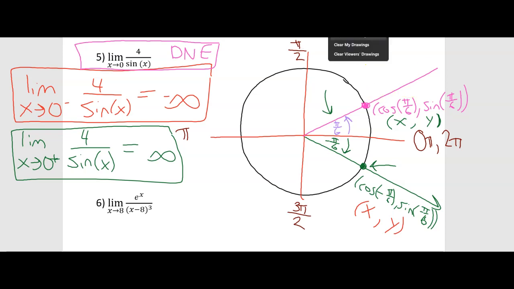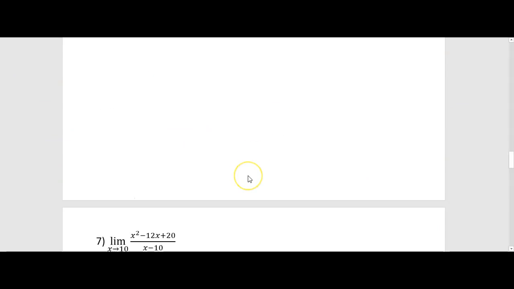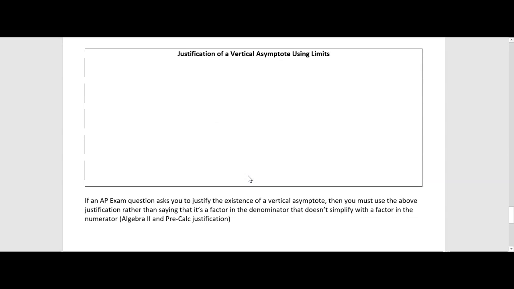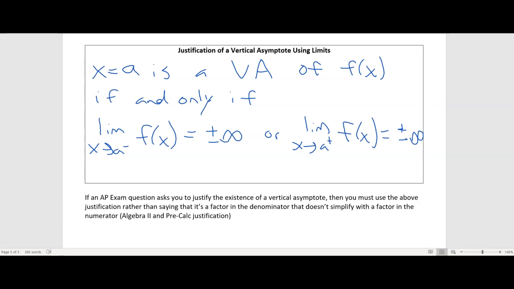The last thing we're going to finish with today is we're going to go to the last page and look at the calculus justification of a function having a vertical asymptote at a certain x value using limits. I just put the justification up here for you, and then we're going to read it together.